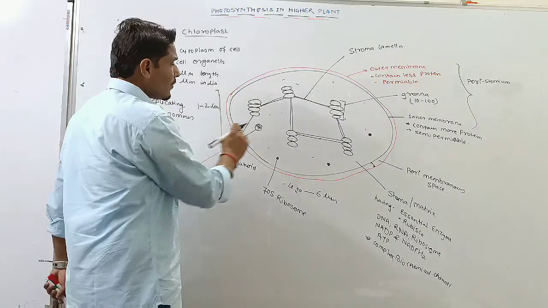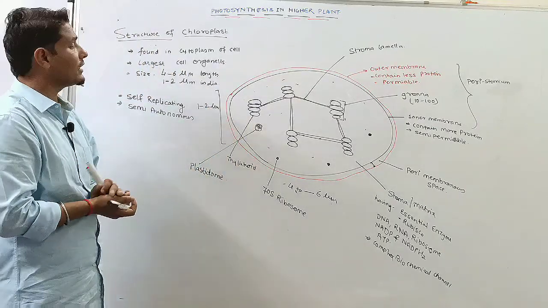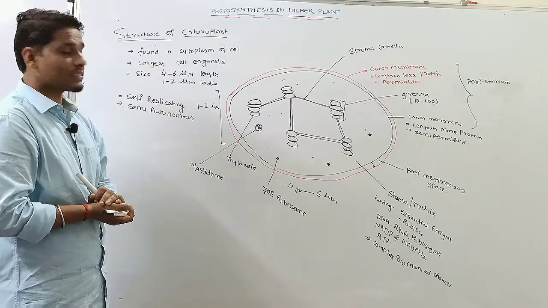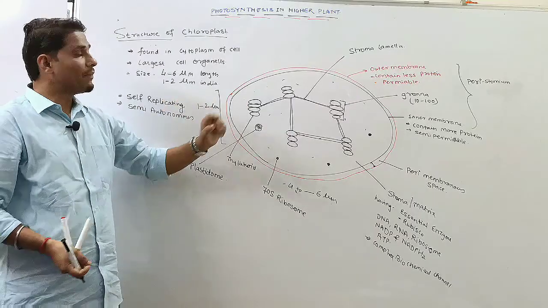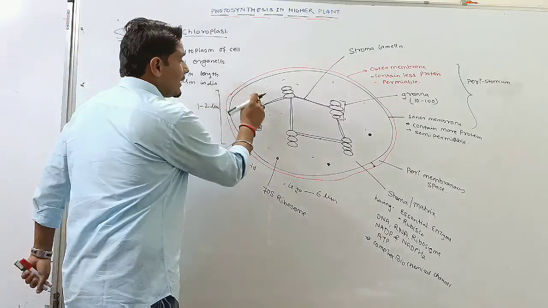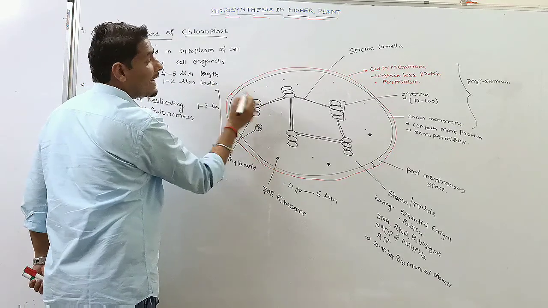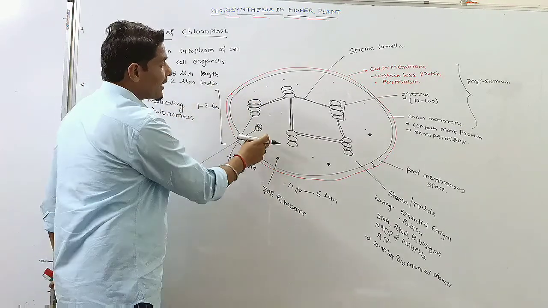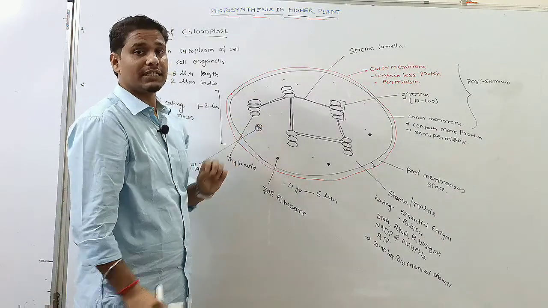But chloroplast is the biggest cell organelle which is present in the cytoplasm of the cell, and it is a double membrane bounded structure. Okay, so in the grana light dependent reaction takes place, but whereas in the stroma dark reaction takes place.